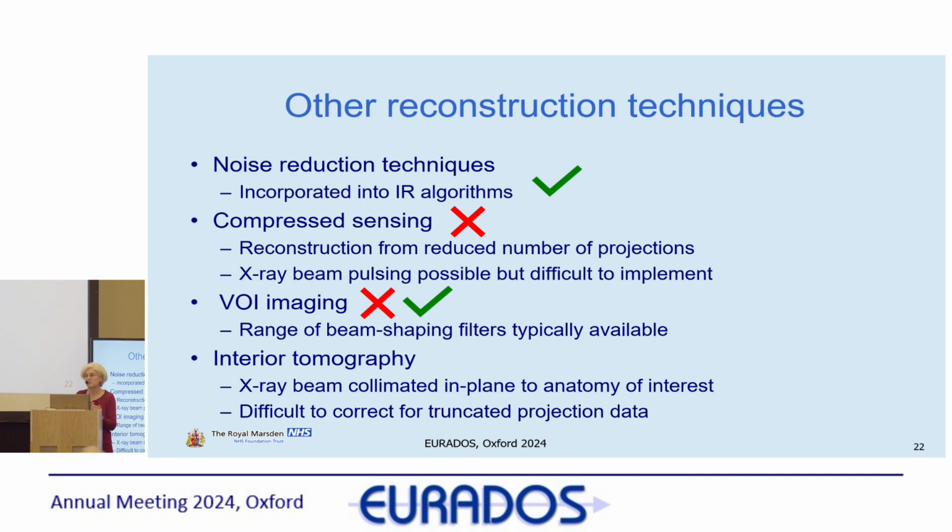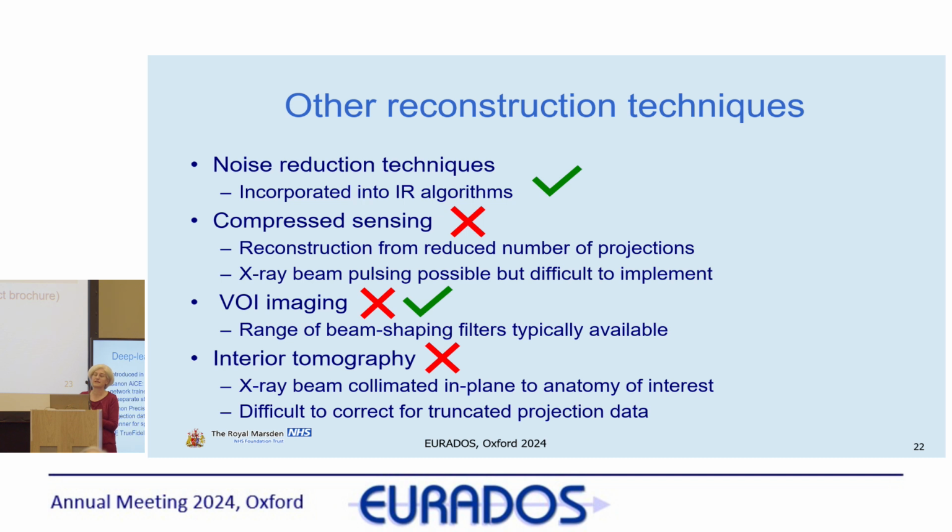Volume of interest imaging, we've already been using it because we use beam shaping filters, which tend to reduce the X-ray flux away from the midline when we are imaging either the head or the heart. And interior tomography, where we're collimating the X-ray beam in plane to the anatomy of interest, really has not moved on because of the difficulty in correcting for the truncated projection data.